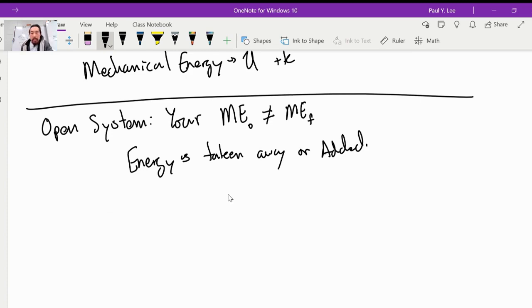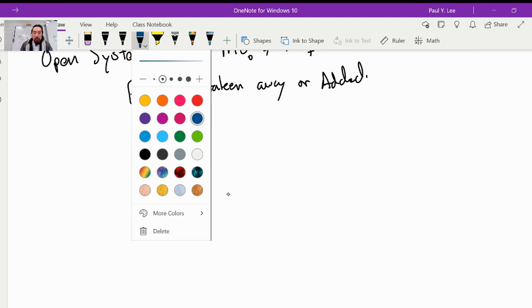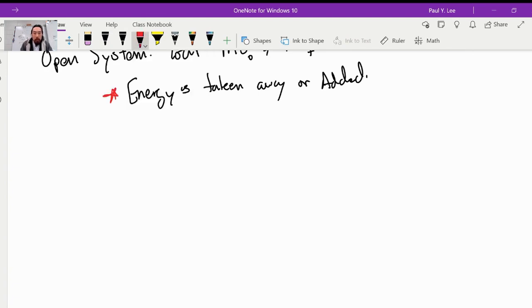Now, this here is a very important definition. When energy is taken away or when energy is added, put a little star next to that one because it is so important. It's one of the fundamental parts of our entire course, our entire universe. This definition is the definition to something that we call work. Now, you might be familiar with the idea of work, like homework, classwork, doing chores, going to work, and all that.